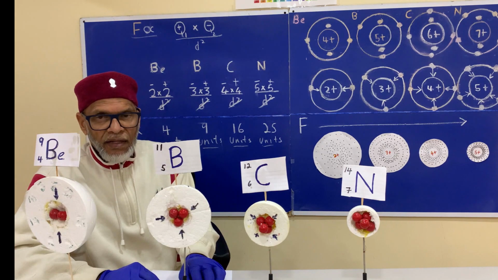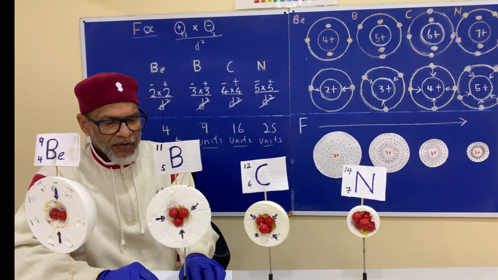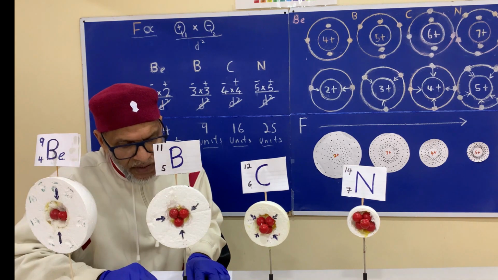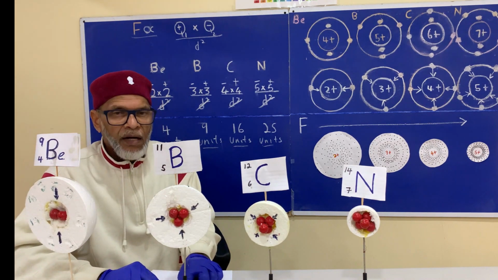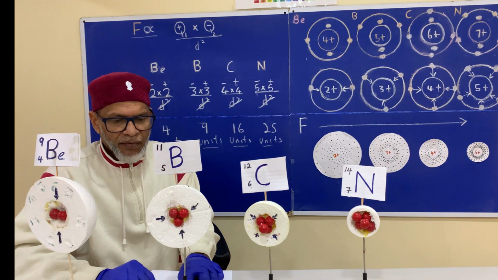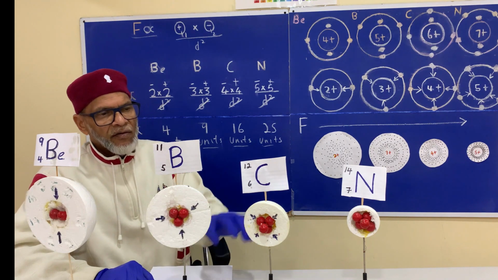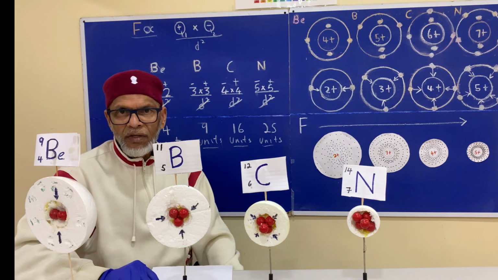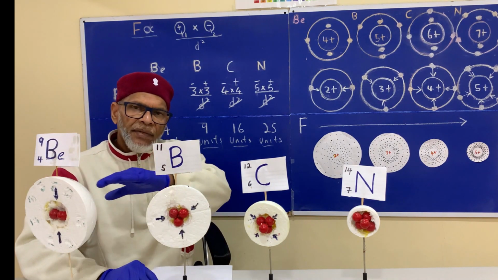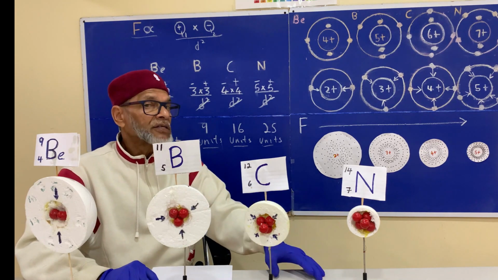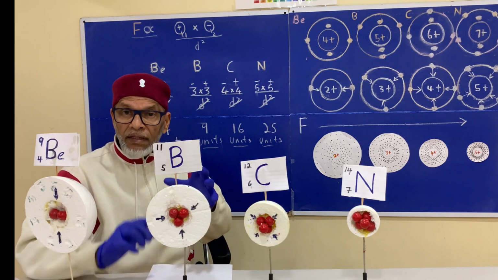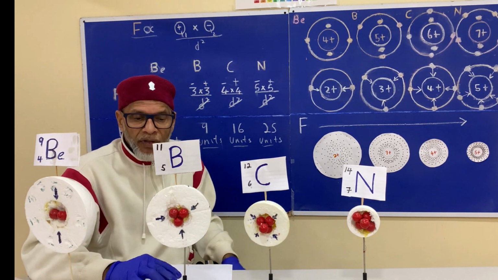Beryllium has a relative atomic mass of 9.01 atomic units, boron 10.81 atomic units, carbon 12.01 atomic units, and nitrogen 14.01 atomic units. So the atoms are becoming more massive in that direction, but they're becoming smaller and smaller.